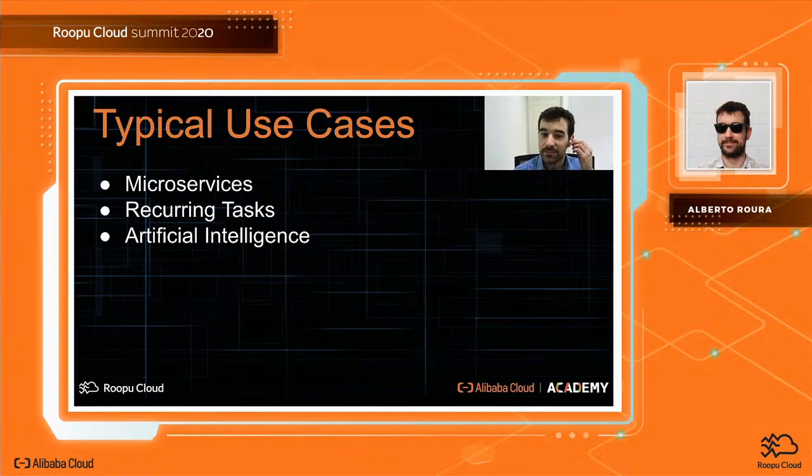Typical use cases. A really good example is microservices. If you're not very familiar with this, the classic, traditional architecture was just one monolithic application where all the logic runs in one package. In this case, with microservices, every part of the application is a small service.